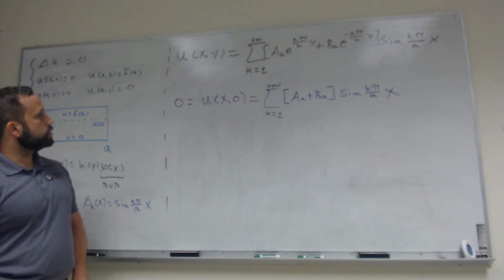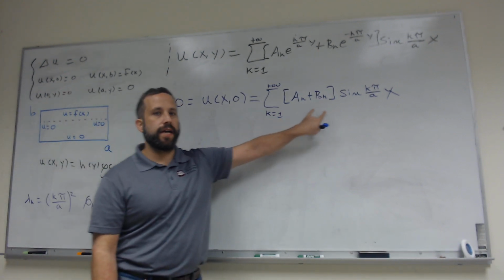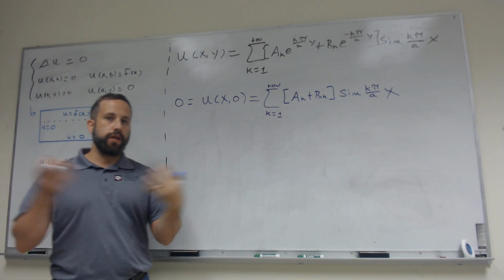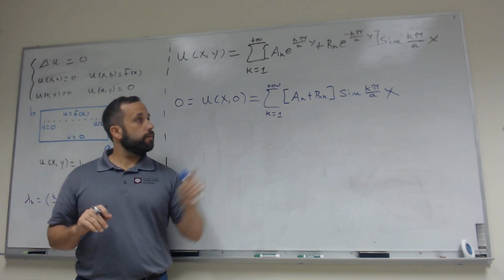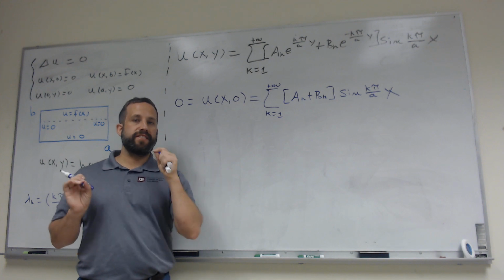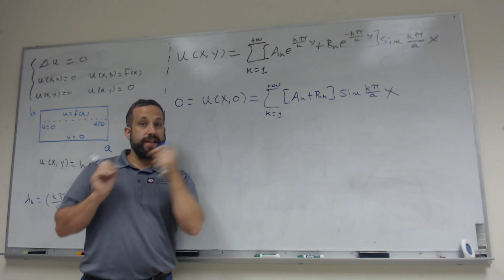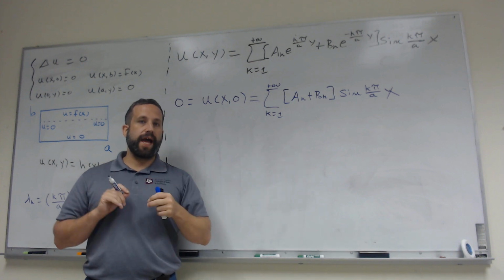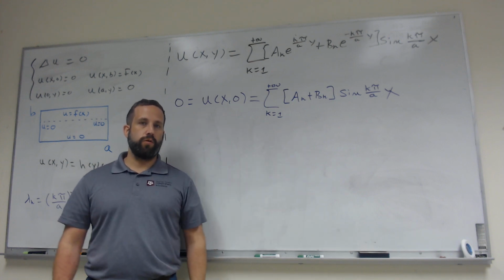Okay, so now we're saying that this function here is identically equal to 0. And just like with a polynomial, or its Taylor series, that's identically equal to 0, the only way that can happen is if all of the coefficients are equal to 0.